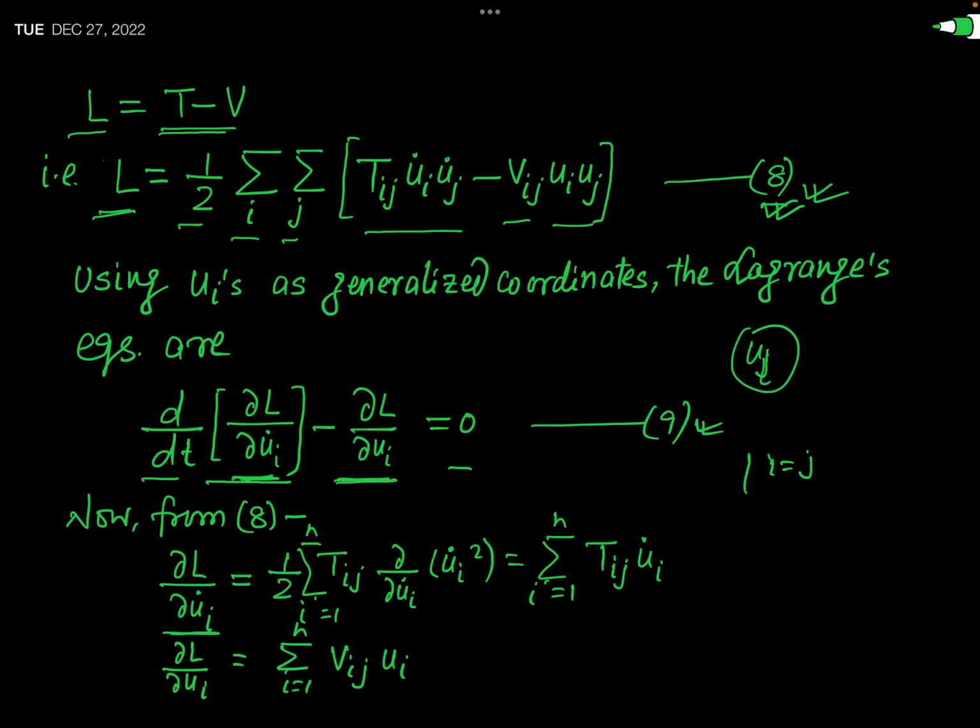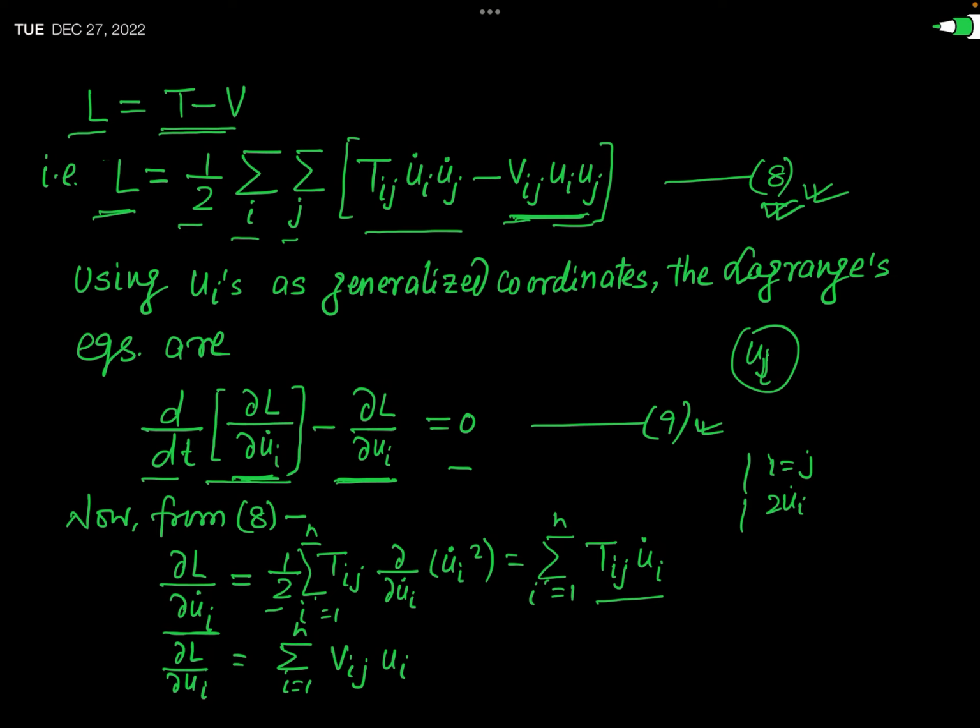And the derivative will be 2 ui dot. Now this 2 and this 2 will cancel out, so your result will be summation i from 1 to n Tij ui dot, okay? And in the second term, ui dot or uj dot is not present, so the derivative of this second term will be 0, okay?